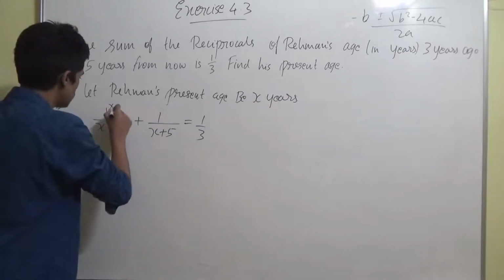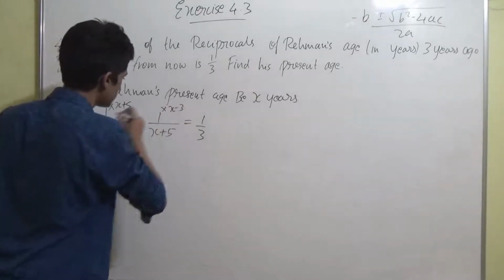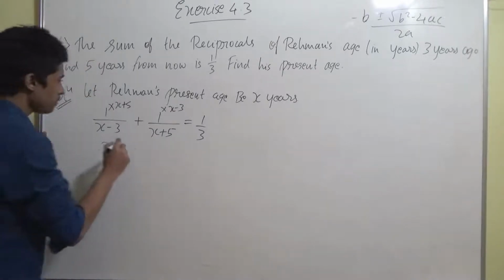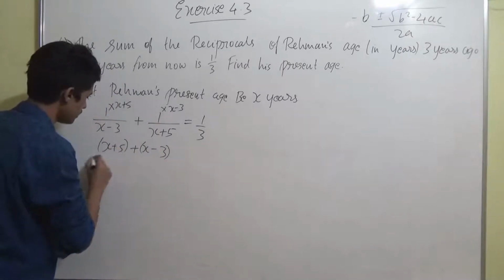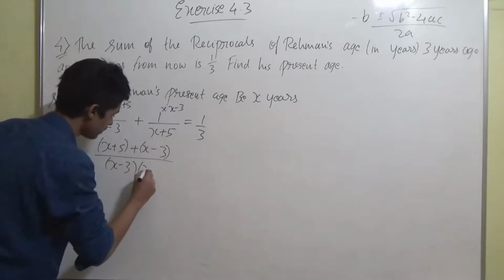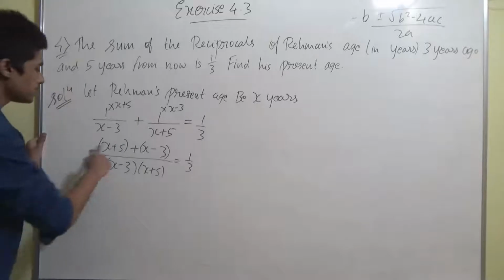Now what will happen? After taking LCM, you'll multiply like this. This will become x plus 5 plus x minus 3 here and x plus 5 here, and the whole divided by x minus 3 into x plus 5. Getting it? Equal to 1 by 3. Now what you have to do guys, just simplify it.